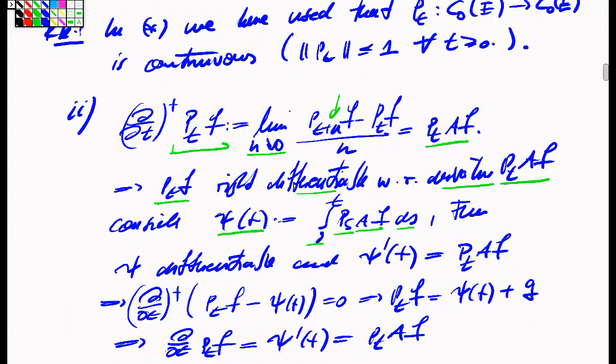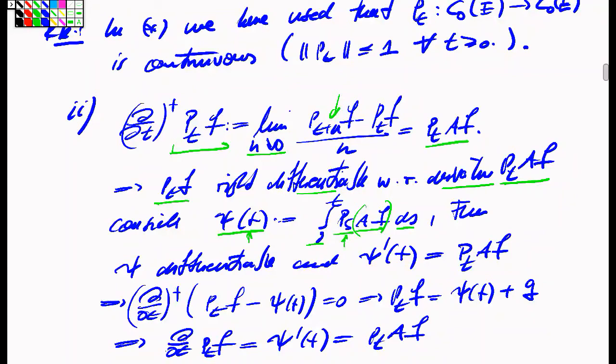So what is that supposed to be? I know A is on the domain of the generator, so this AF object is well defined, and I act on it with the semigroup at any time s. But here, for the definition of the function psi, I choose to consider the time integral of this continuous function, which assumes values in this Banach space, with respect to the time parameter s.